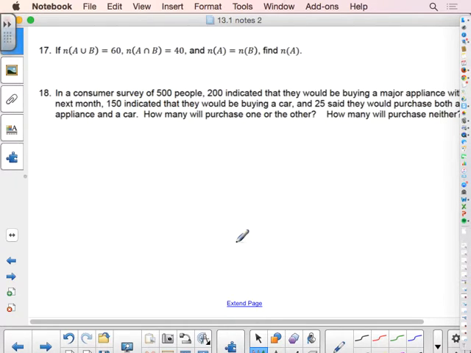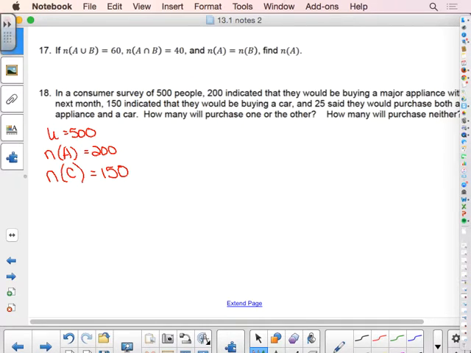So the universe is 500. The number in the set who are going to buy an appliance is 200. The number in the set that will buy a new car, the set C, is 150.